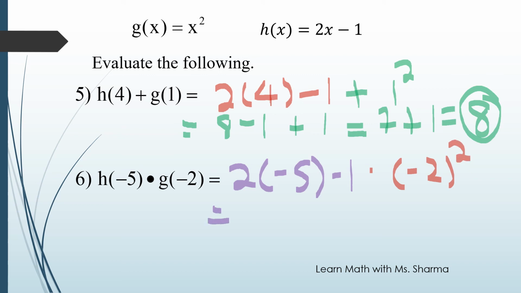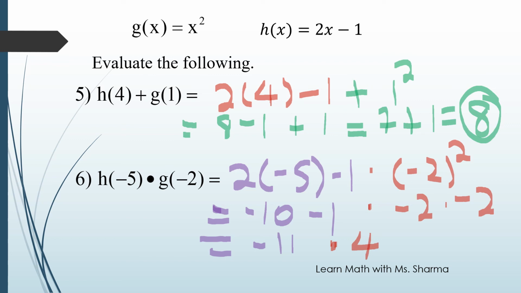So you have negative 10 minus 1 times negative 2 times negative 2. So negative 10 minus 1 is negative 11, times negative 2 times negative 2 is 4. So negative 11 times 4 is negative 44.